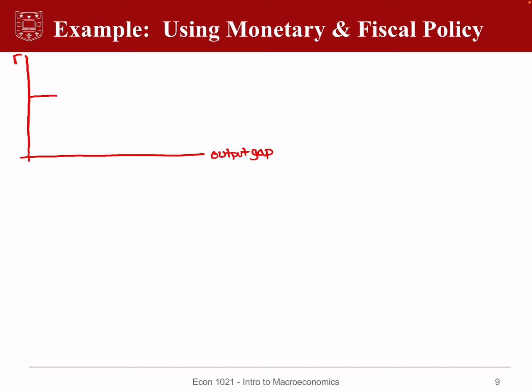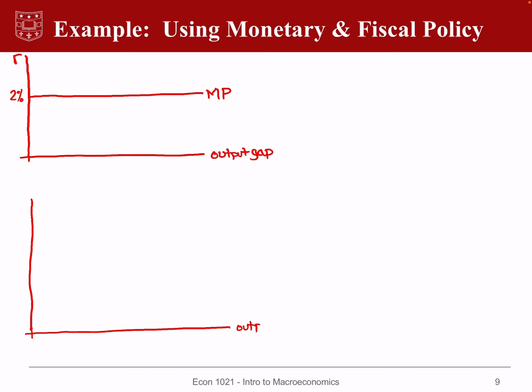We'll start off with the MP curve, which isn't going to change. That's going to be at 2%, hypothetically, just making up numbers. Put the output gap again on the horizontal axis for the Phillips curve. On the vertical axis here, we have unexpected inflation.